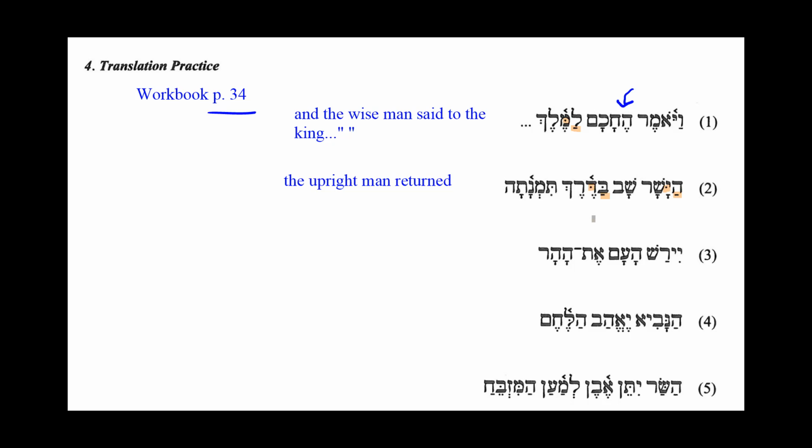That is a strong indication that the preposition also has a definite article there. The preposition, in fact, elbowed out the hey, but the vowel and the doubling still remained. So we have in the way. Bait means in, by, with. This probably is in. So the upright man returned in the way.